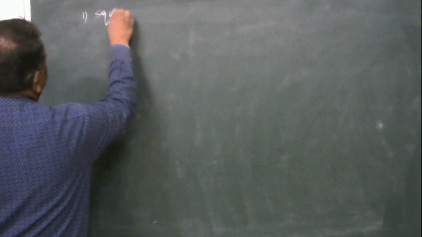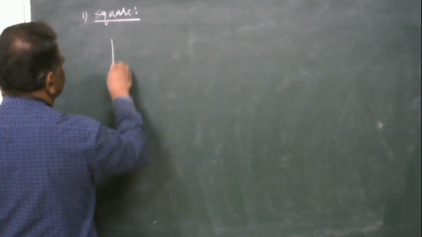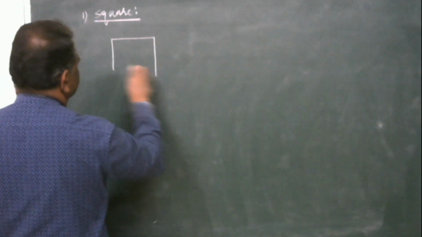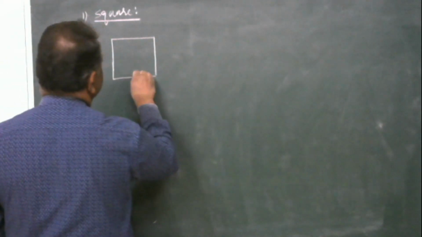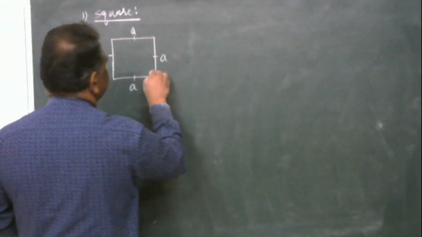How do you measure the perimeter? Let me take a square, a simple plane figure. All four sides are equal, say A, and each angle is 90 degrees. What is its perimeter?